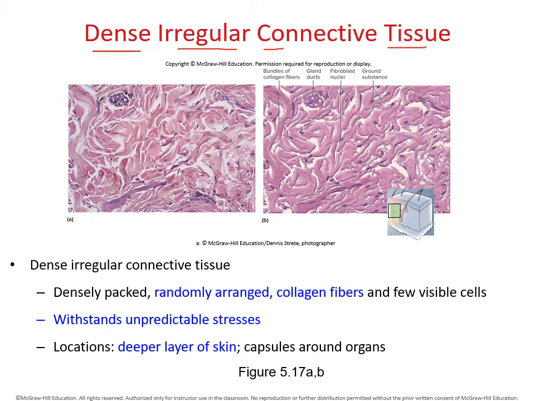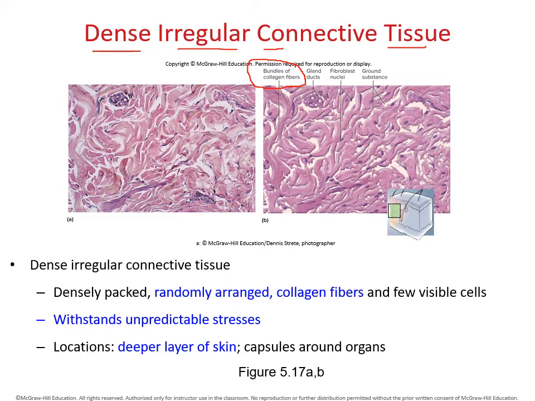Once again, we're going to have lots and lots of collagen fibers. But now instead of being symmetrical, they're randomly arranged all over the place, but still excellent for being able to withstand any type of stresses due to the flexibility and the toughness of the collagen fibers.